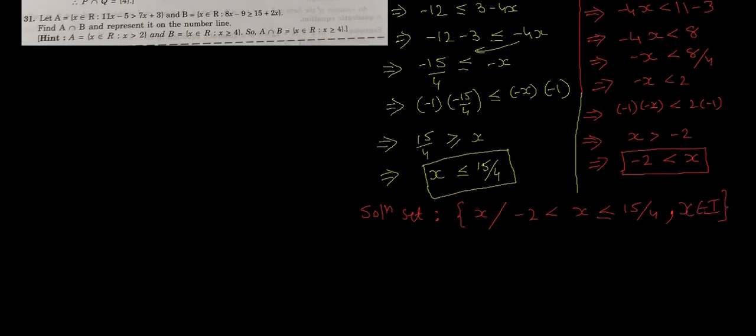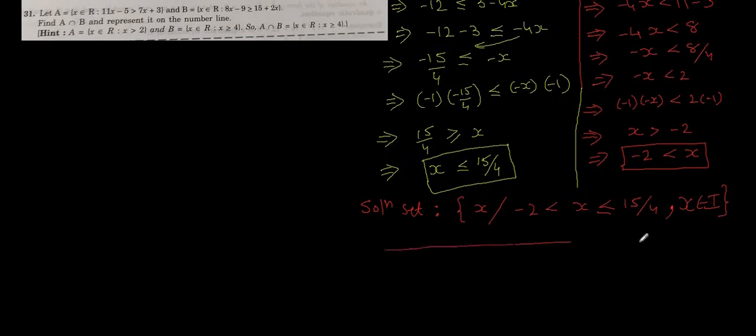Okay, so here we have to draw the number line. So here this one is 0, 1, 2, 3, 4, 5, 6. And here minus 1, minus 2, minus 3, minus 4, minus 5, minus 6. 15/4 is nearly 3 point 7 or something.